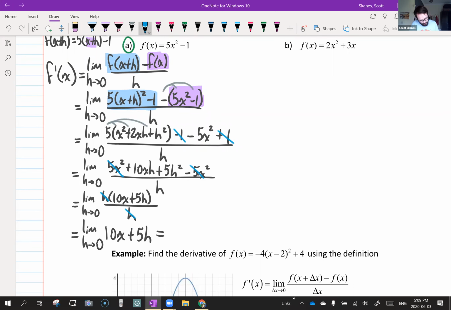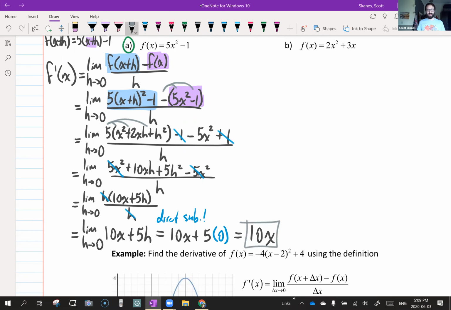Now I'm going to do direct substitution. This gives me 10x plus 5 times 0, which is 10x. A lot of work just to get a simple 10x.